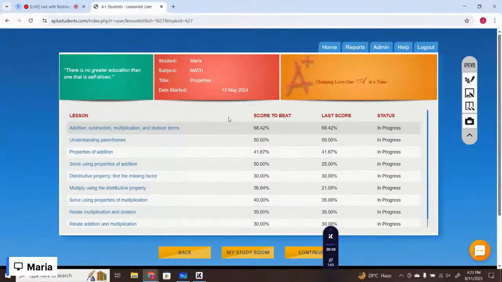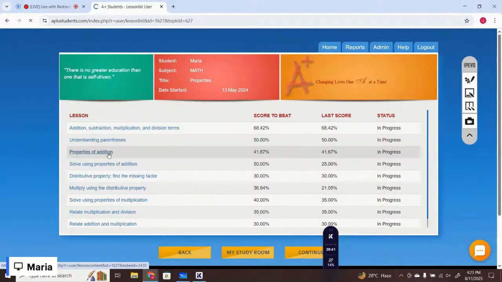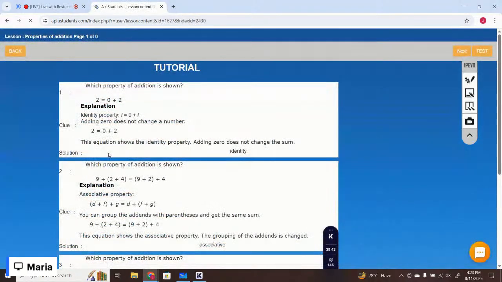The next lesson is properties of addition. Which property of addition is shown? 2 equals 0 plus 2.